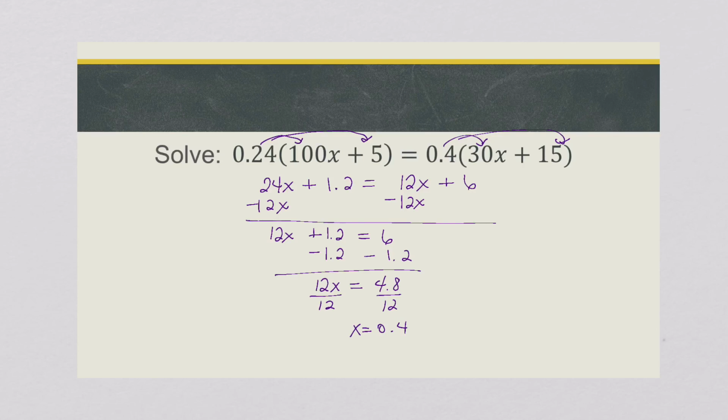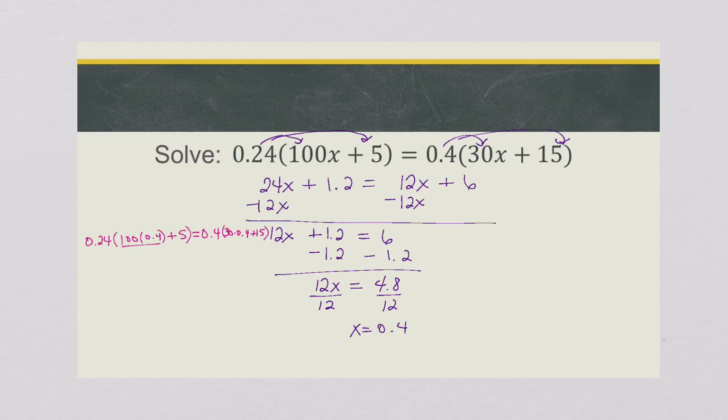So now let's test it. So 0.24 times 100 times 0.4 plus 5. Is that equal to 0.4 times 30 times 0.4 plus 15? Okay, so on my calculator, 100 times 0.4 is 40.